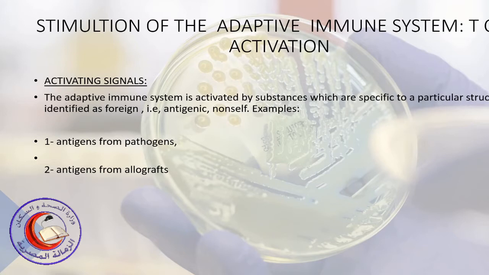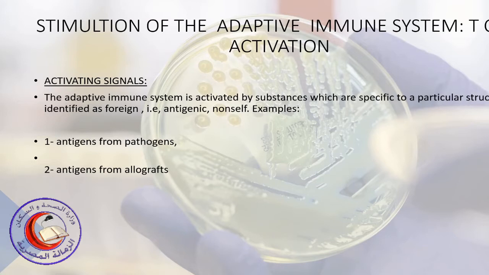The activating signals in the case of the T cells are specific antigens, which are specific for a particular clone of T cells with a receptor that is adapted to this antigen only. It's like a key in a lock. A key will only open the lock it is designed to open. It will not open any other lock. It's the same thing, a key in a lock.